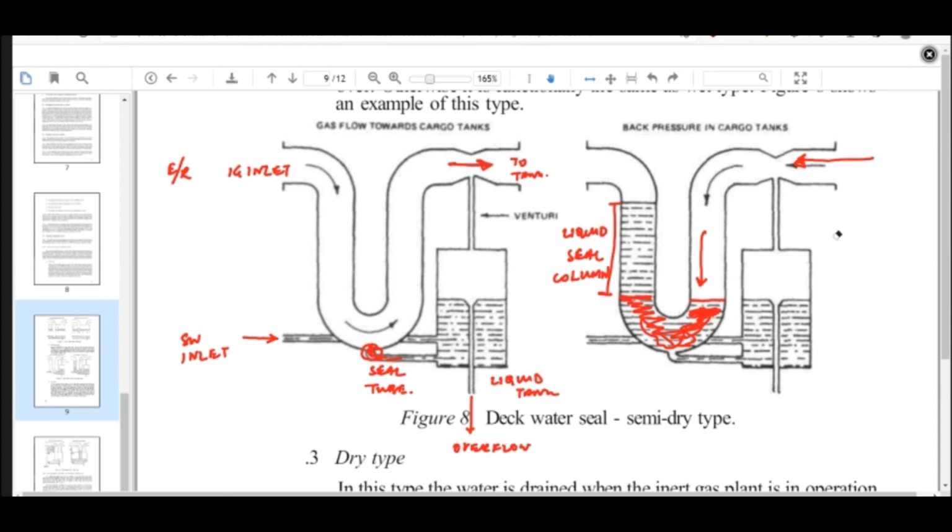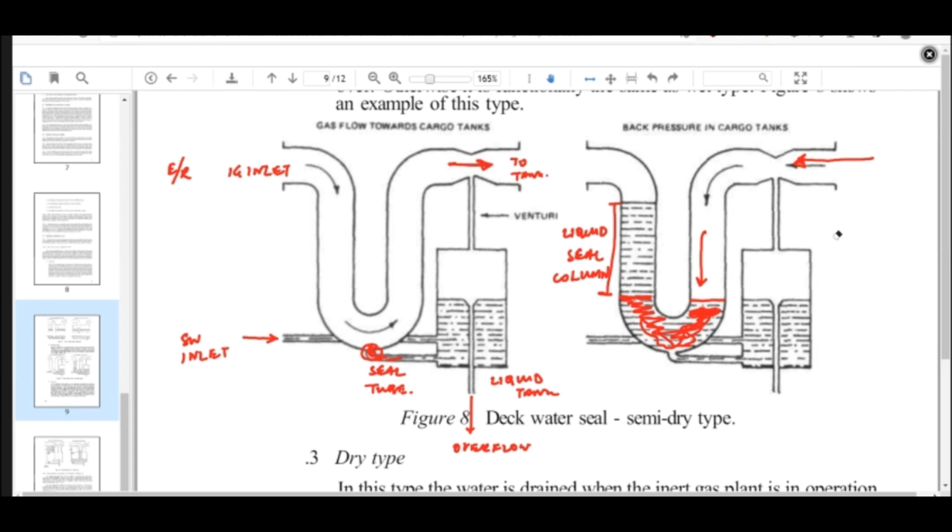If you want to generalize, wet type ones are used on crude oil tankers, dry type ones are used on chemical tankers, and semi-dry type ones are used on product tankers. This is a general way. But nowadays, most of the product tankers are using dry type.